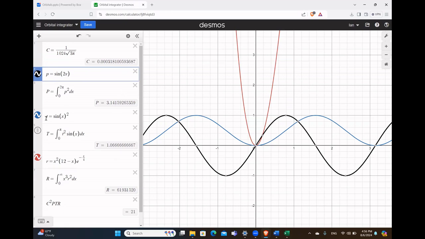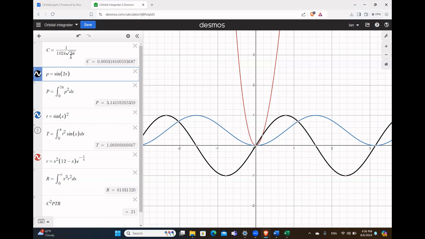The way that I did this is not necessarily the way that you have to. It's the way that makes the most sense to me. I just simply broke it apart into the constants and then the three integrals. So what I have here is the C is my constant. This is the constant that we get for our function, which is, right, 1 over 1024 times the square root of 3 pi.